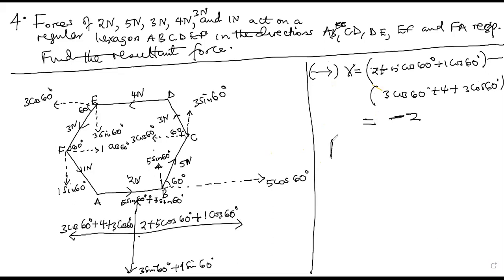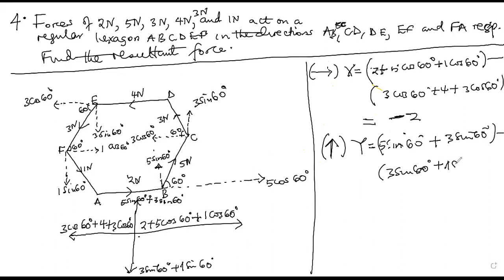Then when you resolve vertically, the y components are going to be equal to the positive ones, 5 sin 60 plus 3 sin 60, then minus the ones of negative, the ones down, 3 sin 60 plus 1 sin 60.